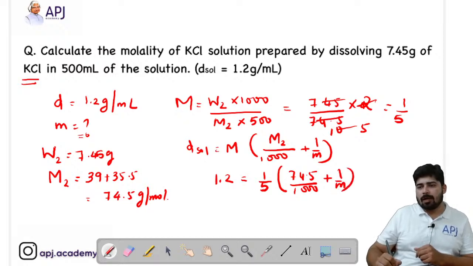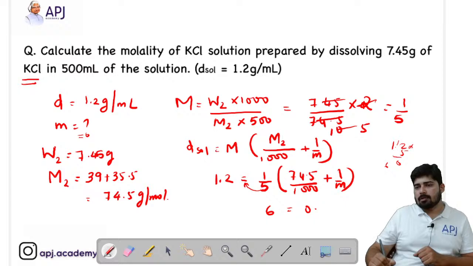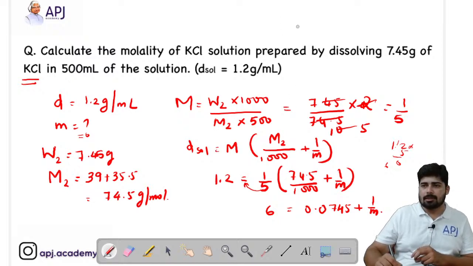Now 1.2 into 5 is how much? 6, I think, right? 1.2 into 5, yes, 6 is equal to 0.0745 plus 1/m.